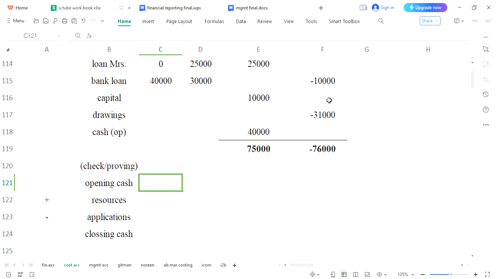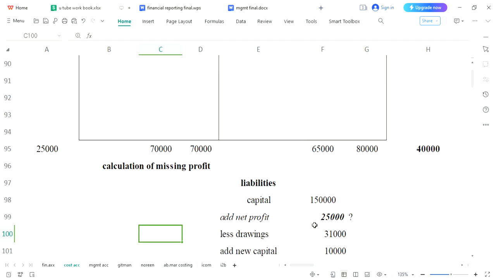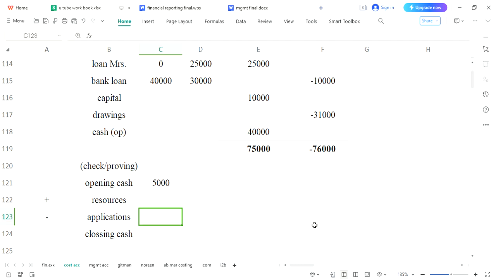Opening cash is 5,000 and your answer must be 4,000. How? Look here. Your opening cash was 5,000, closing cash is 4,000. Now please understand, if you add all your resources to opening cash and subtract your applications from opening cash, you will automatically get the same answer, 4,000.